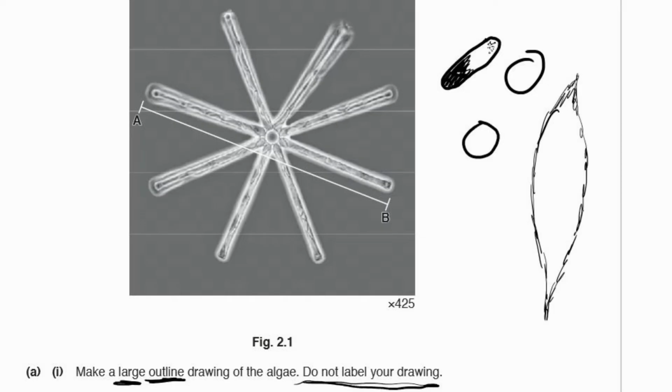Oh, another thing with this diagram, it looks like these lines are very, very straight. Do not use a ruler. The examiner will be able to tell that you've used a ruler, and in real life, things aren't perfectly straight.